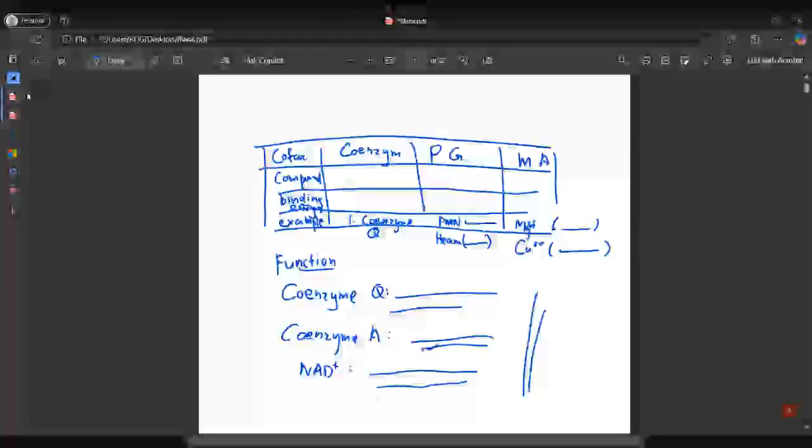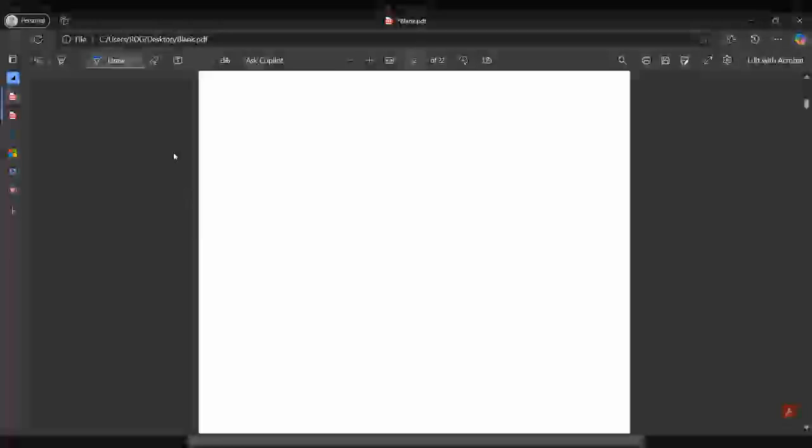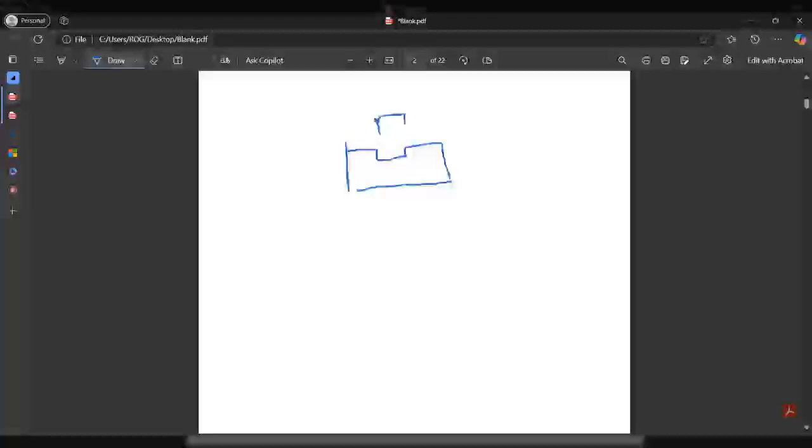So now we look at why we say it like this. Why do we say they are competitive inhibitors? If this is the enzyme and you have the active site, and this is a substrate, the substrate and active site are able to fit together.